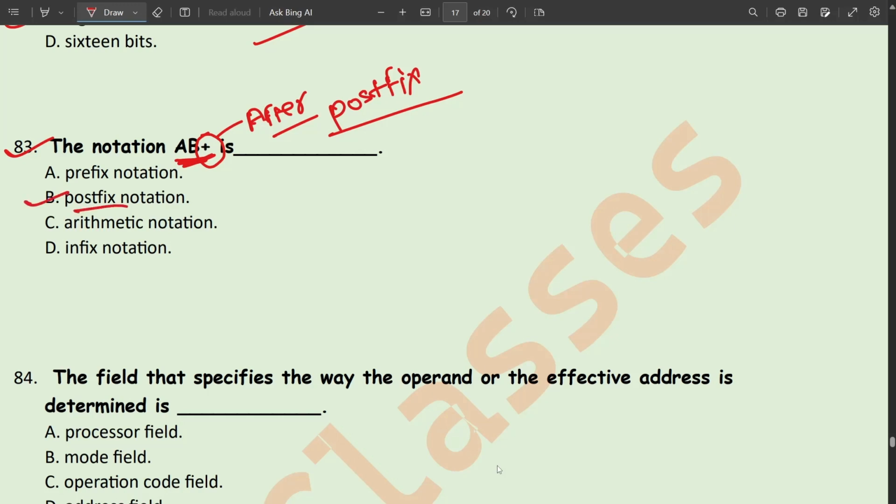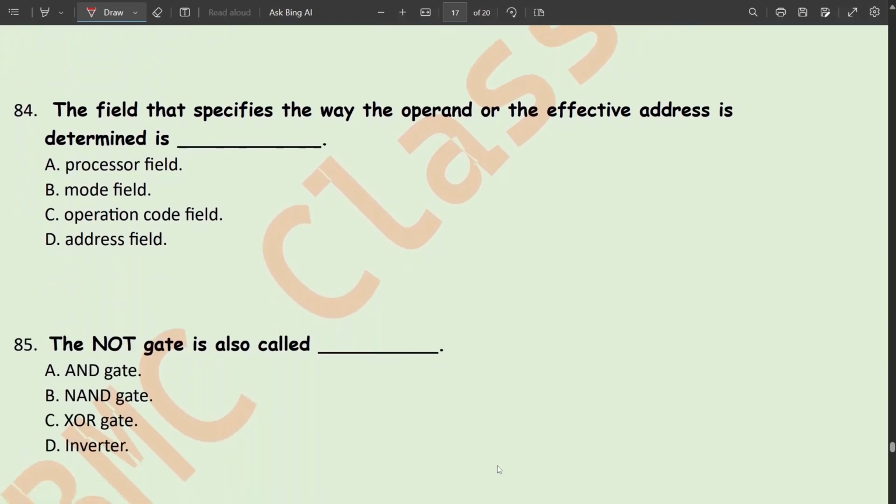Postfix notation. Next, the field that specifies the way the operands or the effective address is determined. So correct answer is option number C, operation code field.